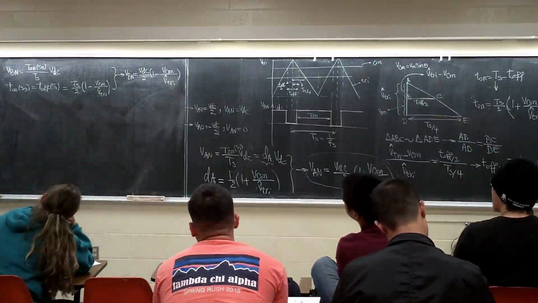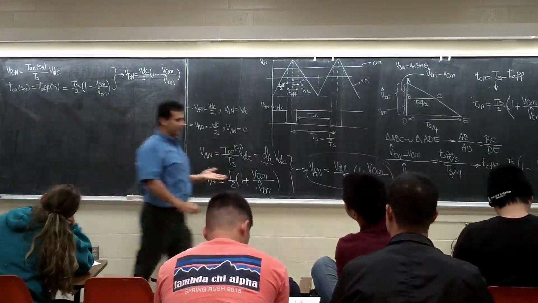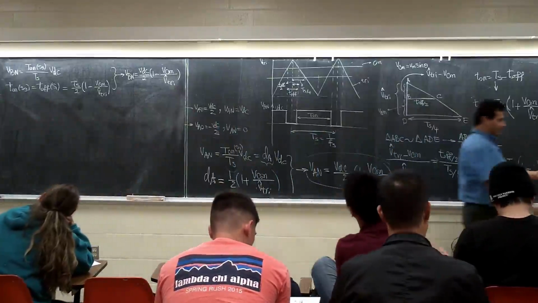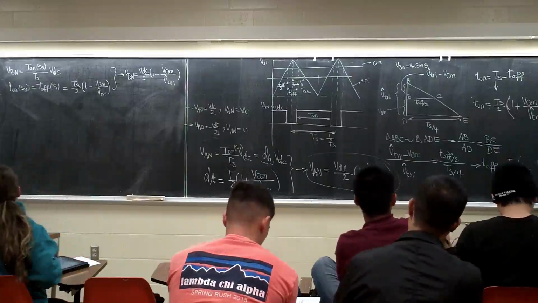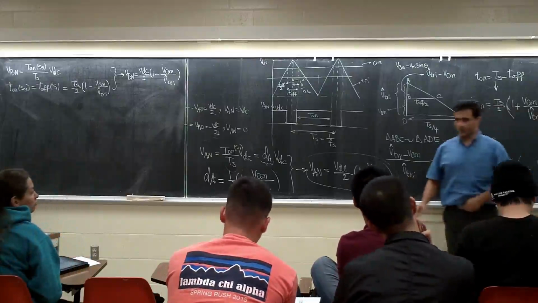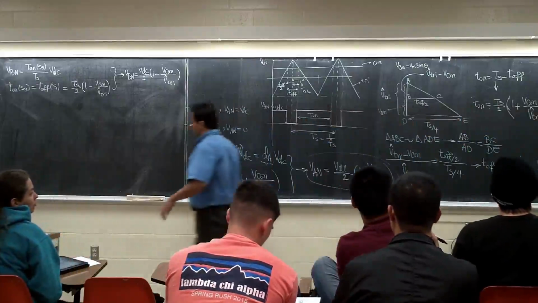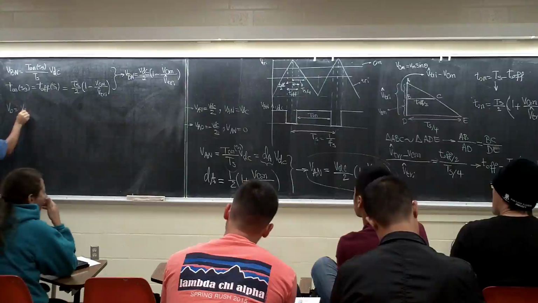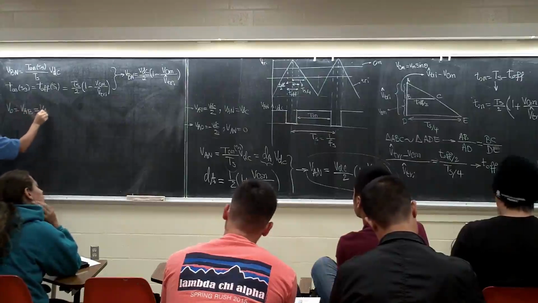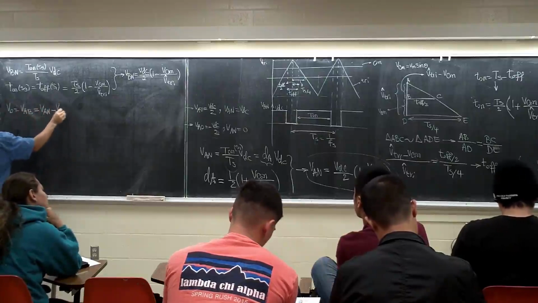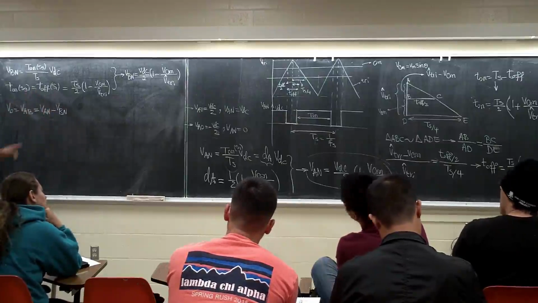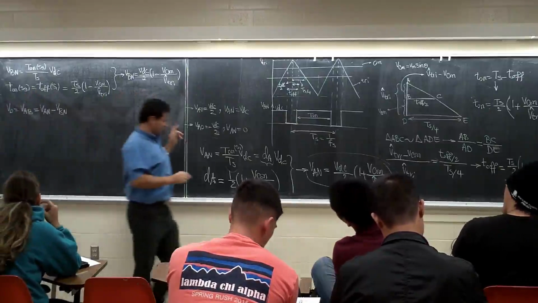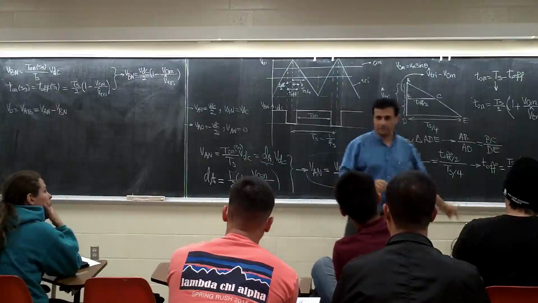But what I need to know is my load. This is my V load, right? How much is the VO? VO is VAB, or VAN minus VBN, right? VBN is this much, VAN is this much, just subtract it.